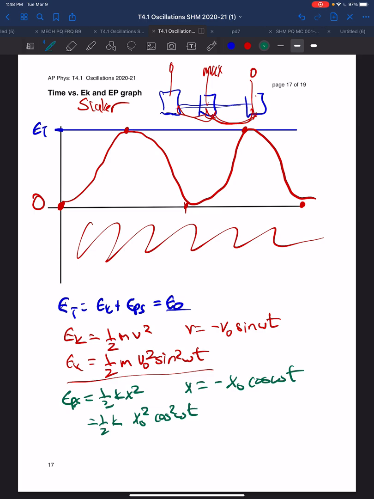In the beginning, our potential energy is a maximum. By the time it gets to the middle, pi over 2, there is no elastic potential energy, so it's a minimum, 0. At 2 pi radians, it is a maximum, and at 3 pi over 2 radians, it is a minimum. We're back to a maximum again.